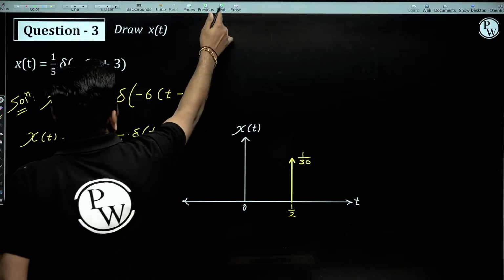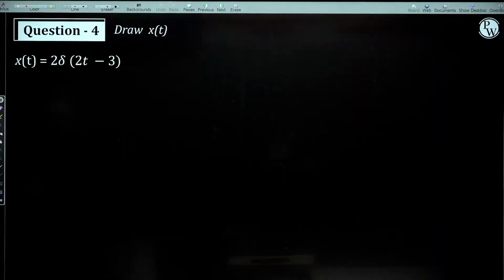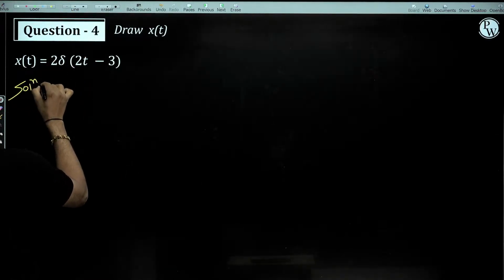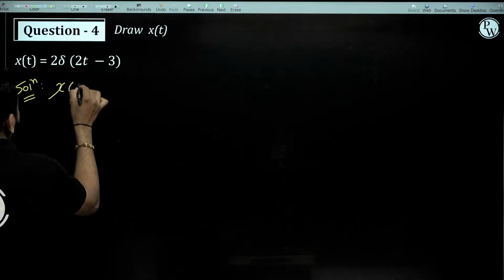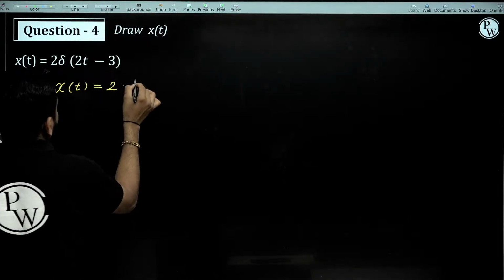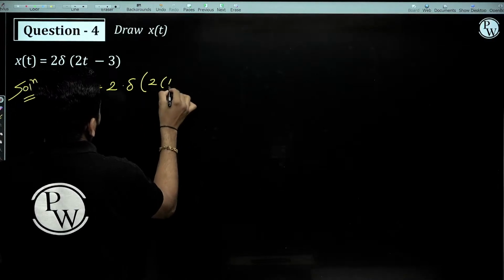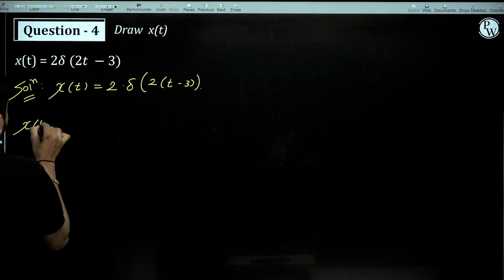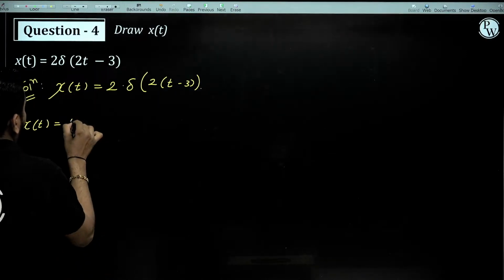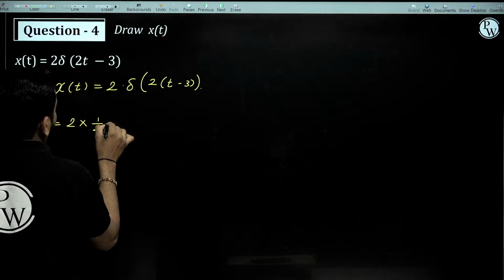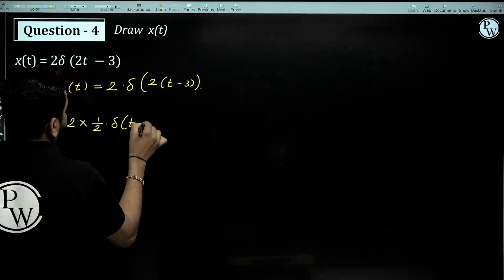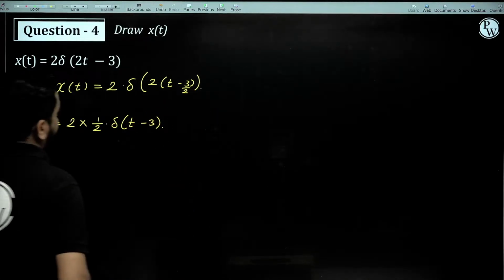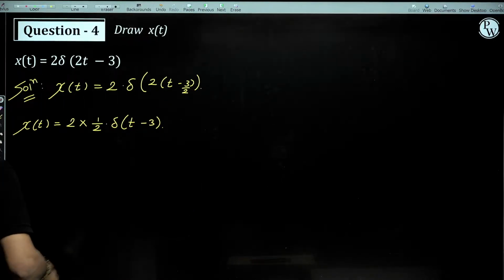Now one more example I gave you. Draw x of t. Here the scaling factor is 2, so 2 delta of 2t minus 3. x of t is equal to 2 into 1 by 2 delta of t minus 3 by 2, because you are taking scaling factor 2 common.